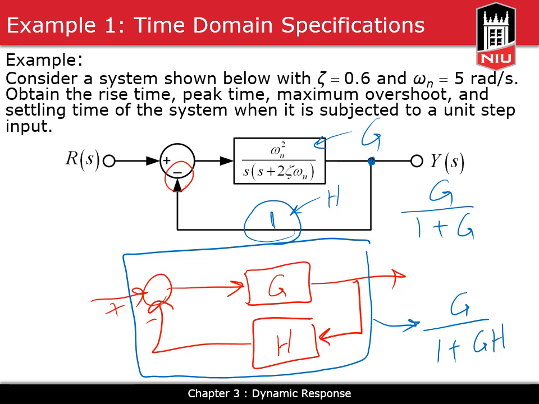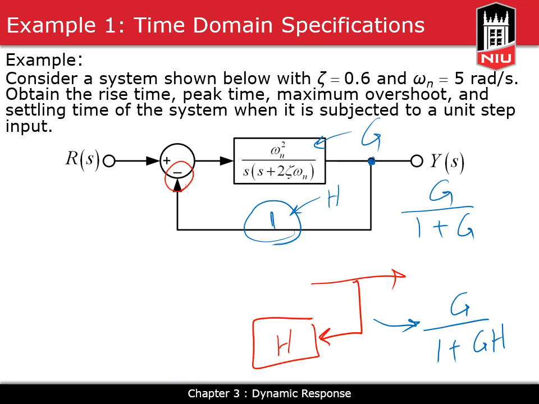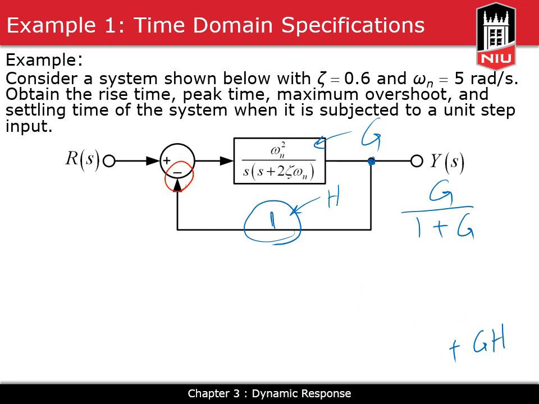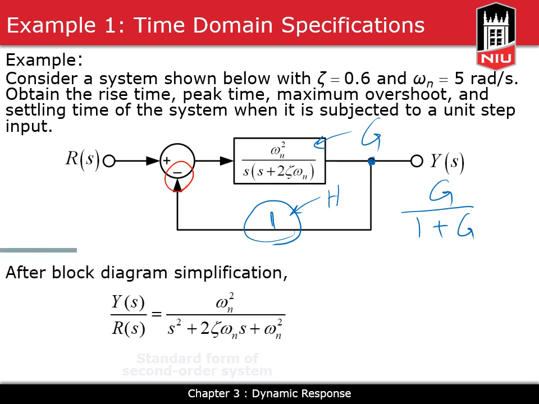So if that is clear, let's go ahead and erase this at the bottom, and now see the transfer function. The transfer function can be found as omega n squared over s squared plus 2 zeta omega n s plus omega n squared.